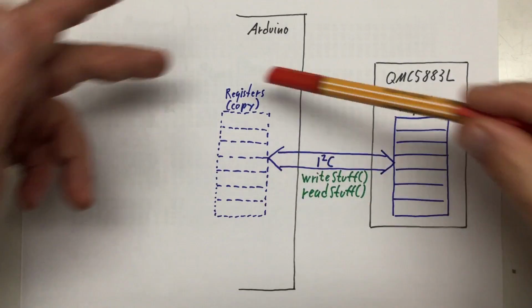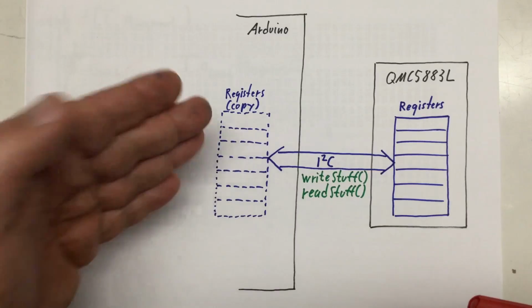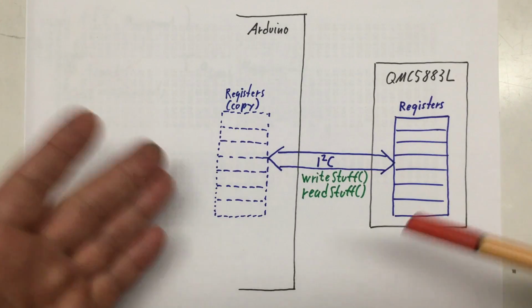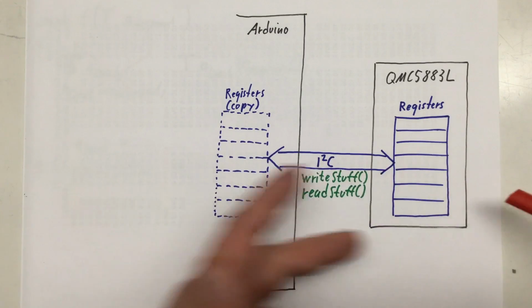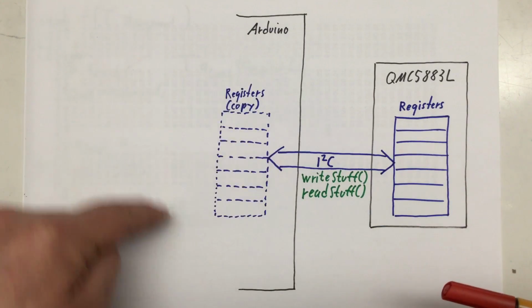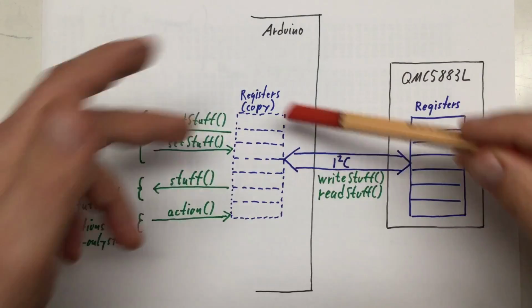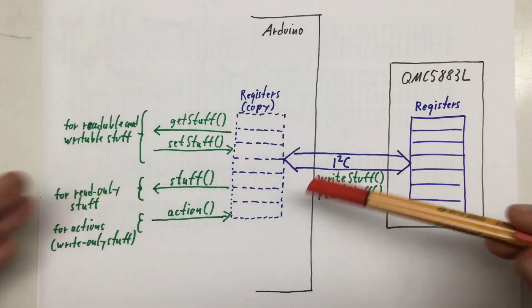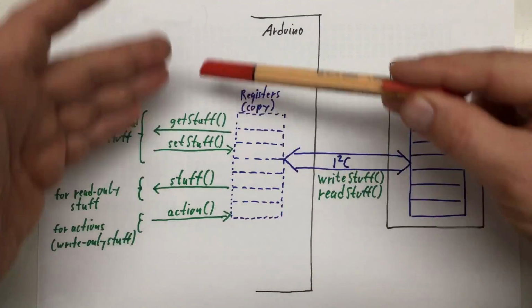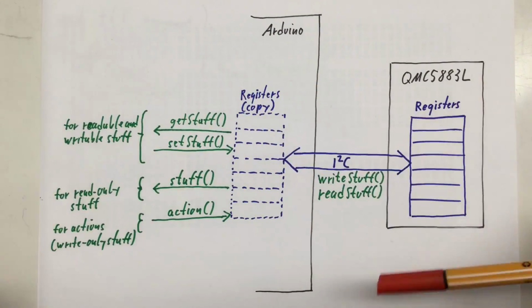So why not have a shadow copy of these registers within the Arduino and then have some methods here in the library, write stuff and read stuff, to keep that copy in sync with the original. The whole bit banging necessary to manipulate these registers can be hidden away by some methods here that write just to the or read just from the registers.